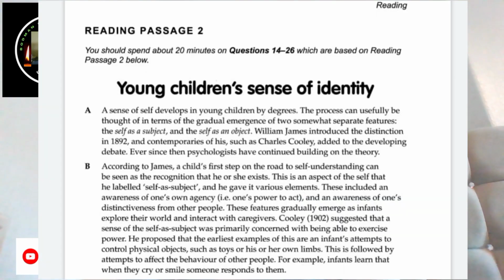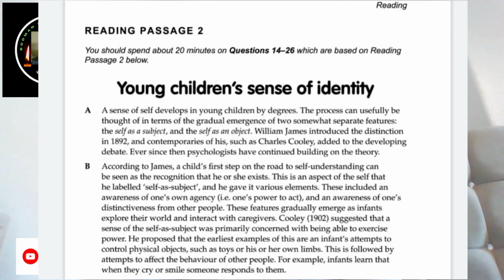If you start from where we see James in paragraph A: William James introduced the distinction in 1892, and contemporaries such as Charles Cooley added to the development debate. They just mentioned Cooley there, but they still continue to talk about James. Don't worry about that. You are interested in everything said about James.